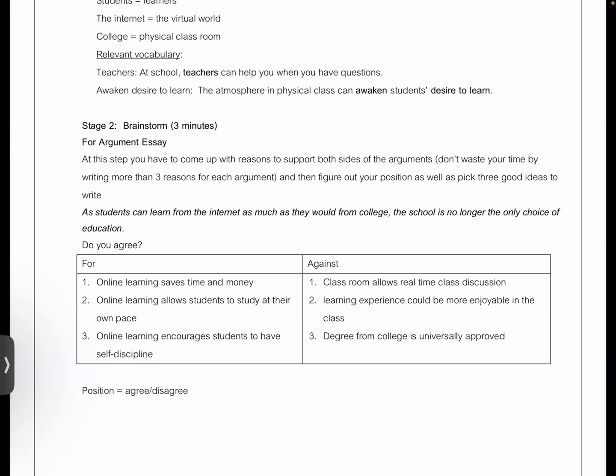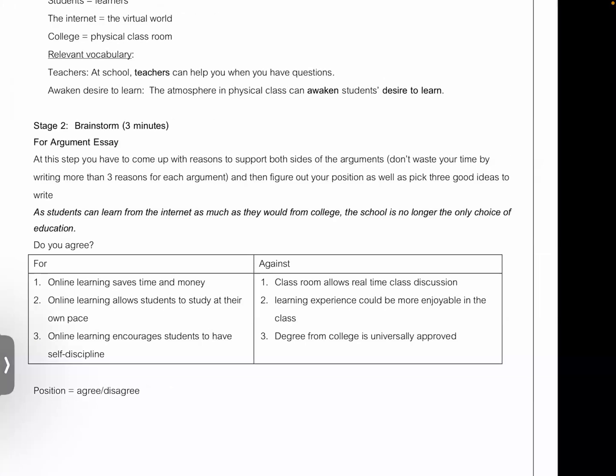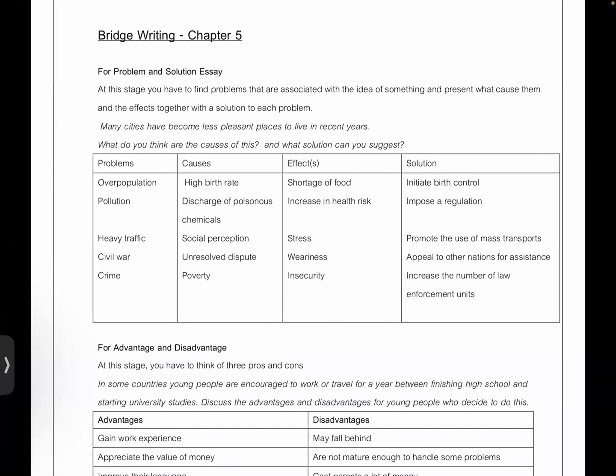So don't take a position until you have seen how all your ideas can be unfolded. All right. Next, we're going to be looking at a strategy to brainstorm for problems and solutions.